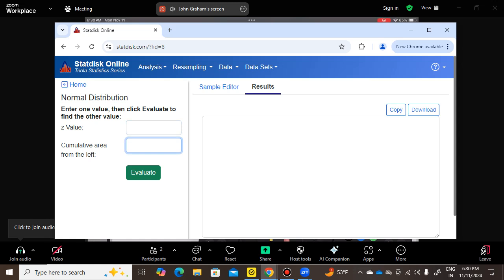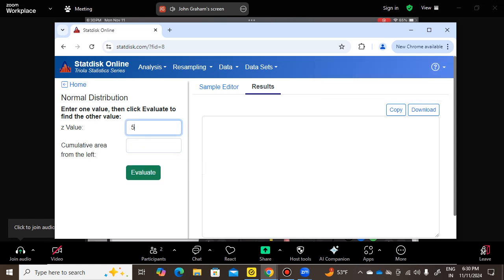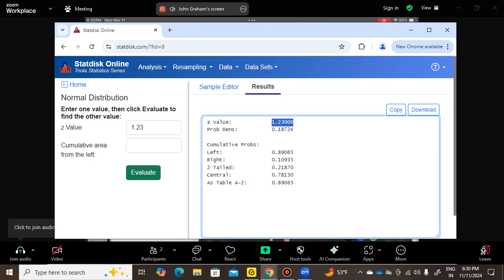We could put a value in for this. Now we can only do one or the other, so we can't do 5 and 0.5. It's going to throw up an error. Okay, but we can do 1.23, and we're going to evaluate, and we're going to see that with a z-score of 1.23, we have an area to the left, 0.89065.